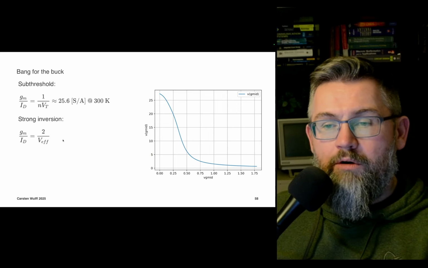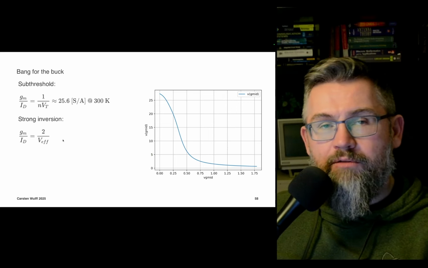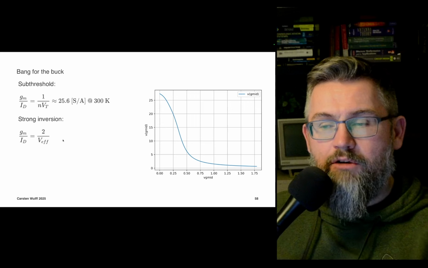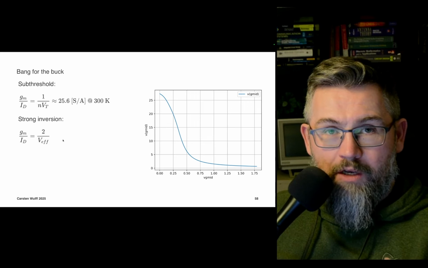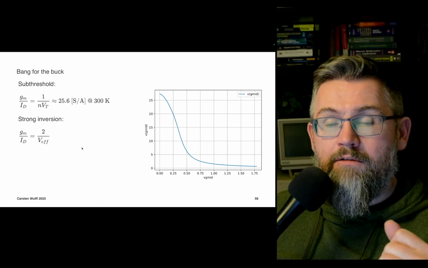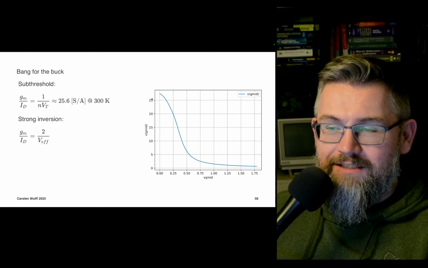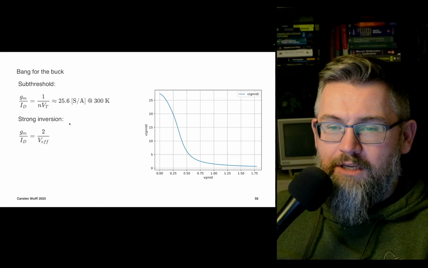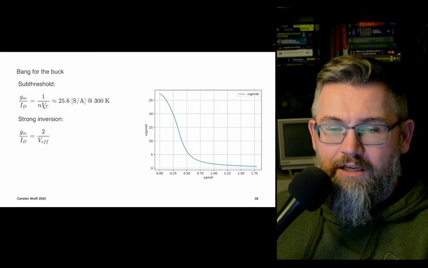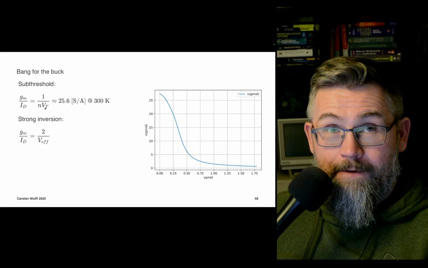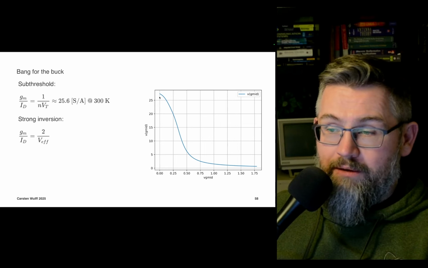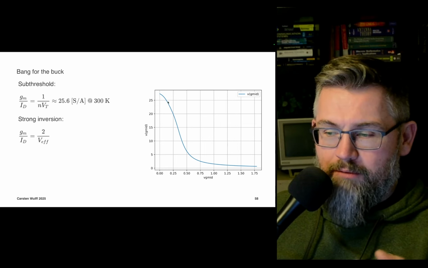So when we're looking at the bang for the buck, or the GM divided by ID, so how much transconductance do we get for a certain current, then the most bang for the buck is actually achieved in subthreshold. So we can see that in subthreshold, it goes roughly up to 1 divided by the N times the thermal voltage, which is around 25, a bit over that.